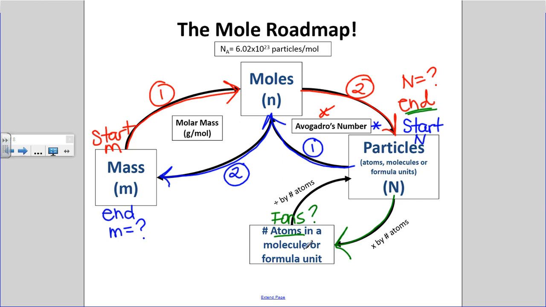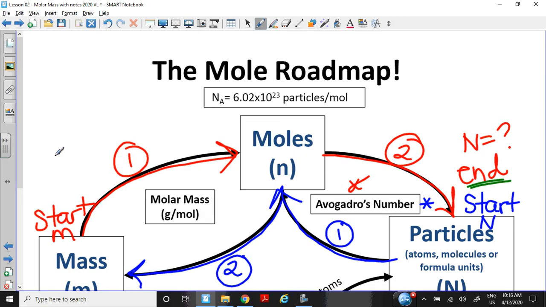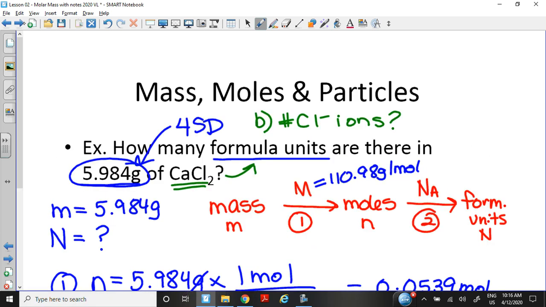How do we go from particles to ions? We need a ratio, and we're going to multiply by the number of atoms, or in our case, we're dealing with ions. It's going to be the same thing. So that extra bonus question we threw on to our last example is tying in that last part of the roadmap. So let's go back to the question and try that out so you can see how something like this would work.